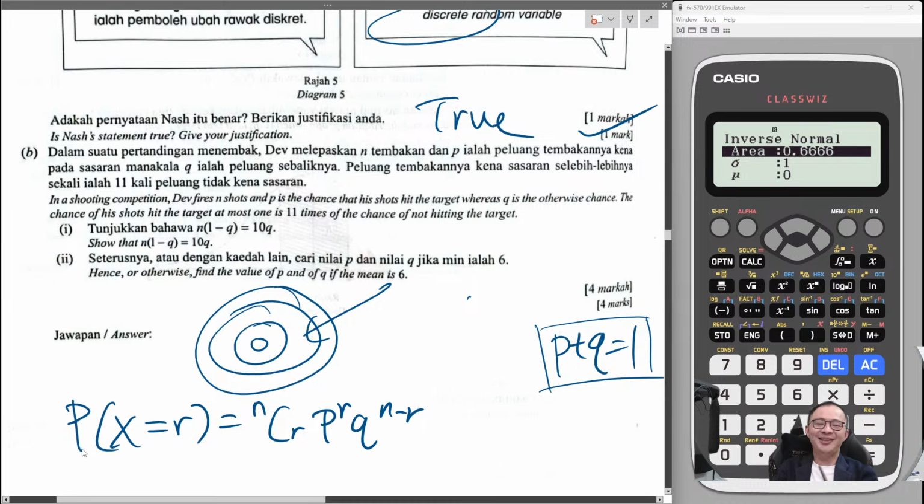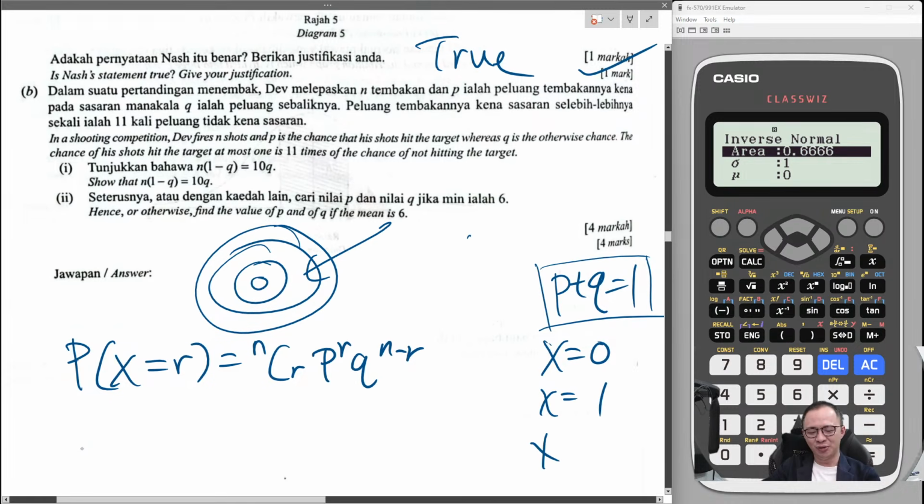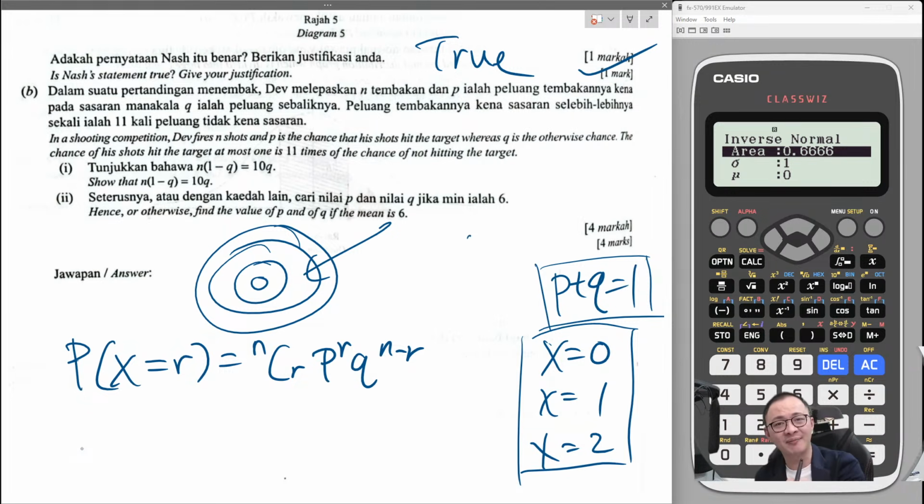So, in order to use this formula, you need to ask yourself, what is my x? In this question, x equals 0, x equals 1, or x equals 2. What is the meaning? Okay, so over here, x is actually the number of times you hit the target. So if x equals 0, it means I do not hit the target at all.